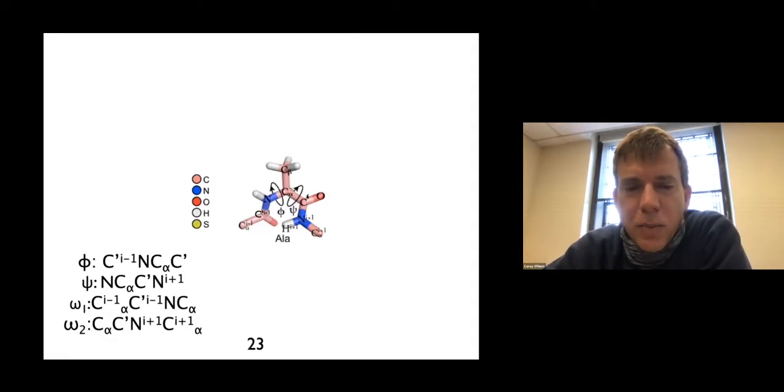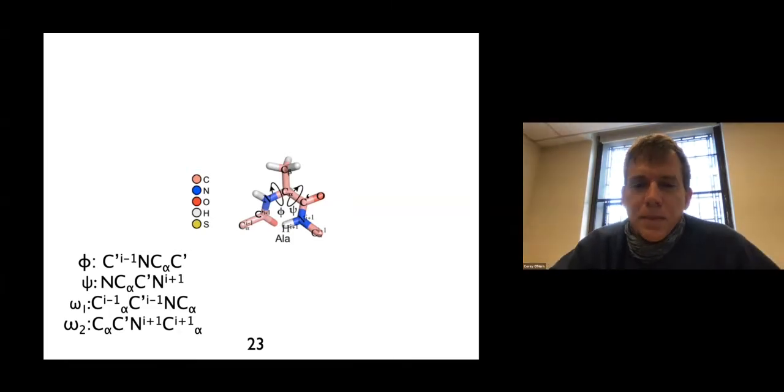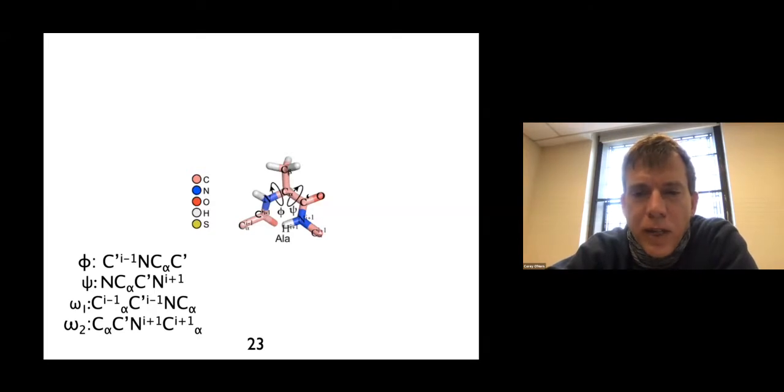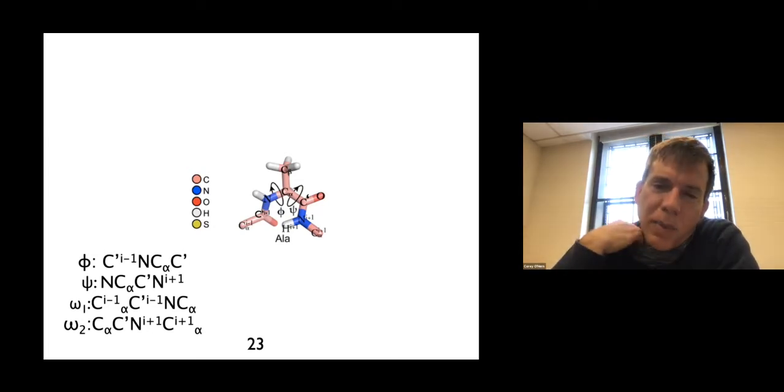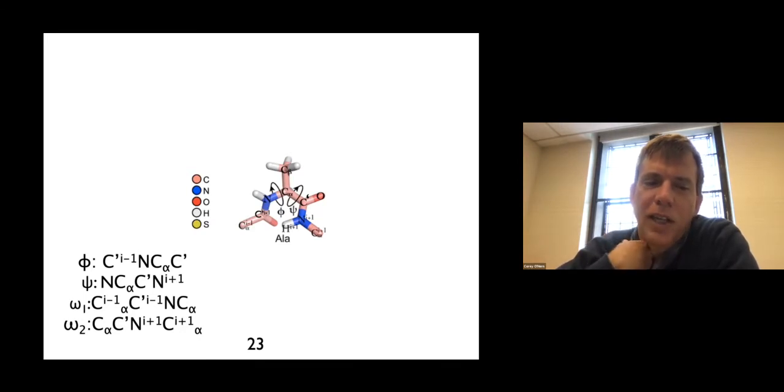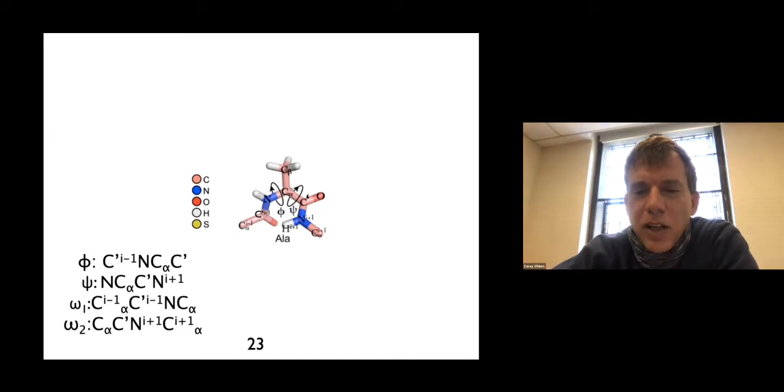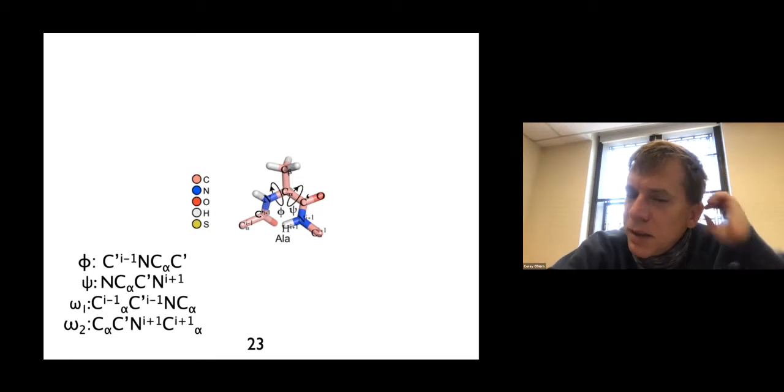I started talking about backbone dihedral angles. There's a preferred definition of backbone dihedral angles, phi and psi. In general, as you move along the backbone chain, there are 4 dihedral angles that you can define. The way that the chain is broken up is typically through what's called a dipeptide.